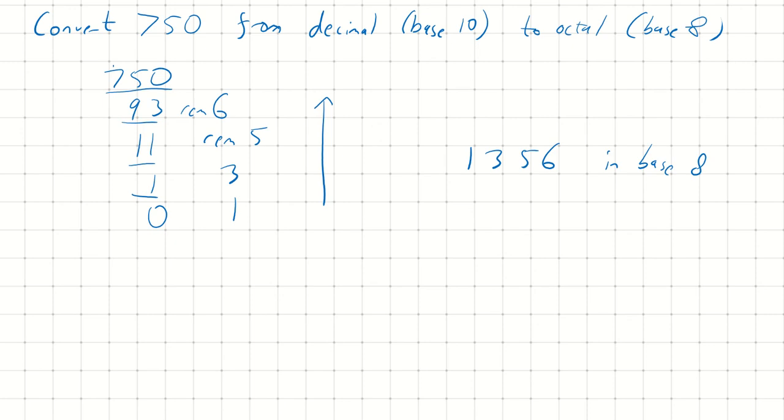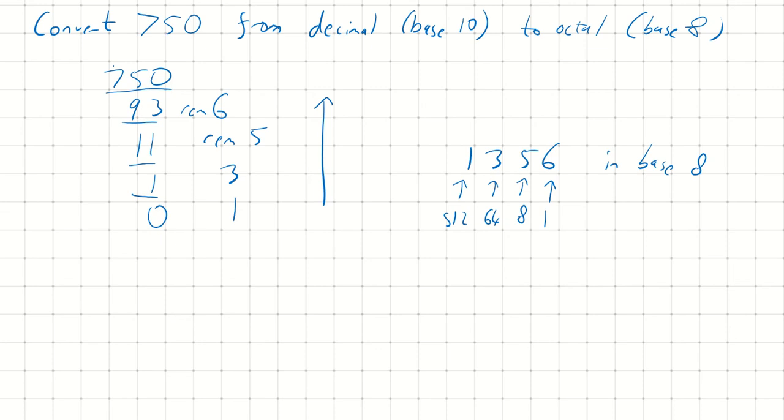And we can actually check this, because in base 8, this first number is my number of 1s, my second number is the number of 8s, my third number is the number of 64s, that's 8 squared, and my fourth number is my number of 512s, that's 8 cubed.